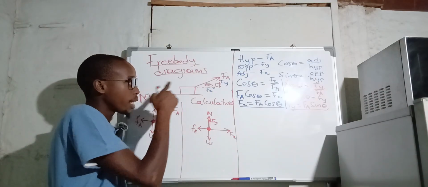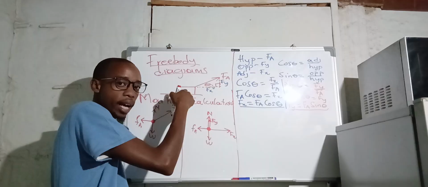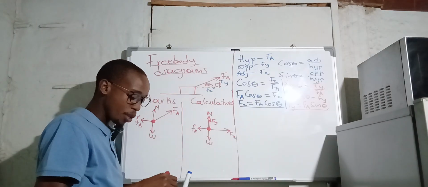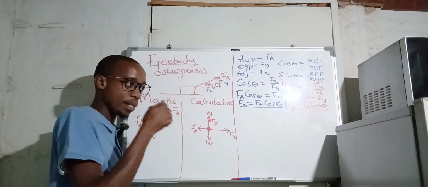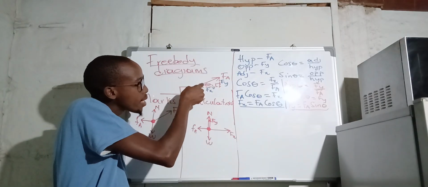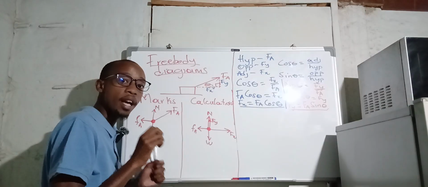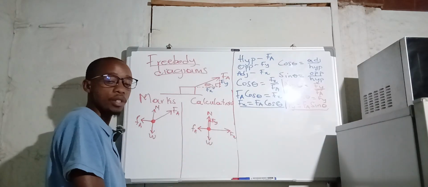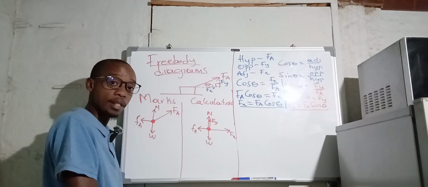Again, if you are given an object of this nature and they say you should draw the free body diagram, and you see 5 marks, that simply means they are giving you an idea to break this force into its components, which is going to give you all of these 5 forces. I hope that makes sense.